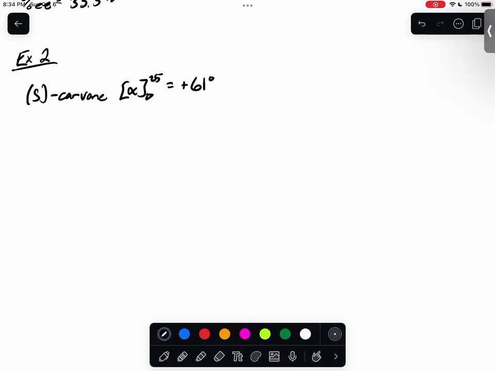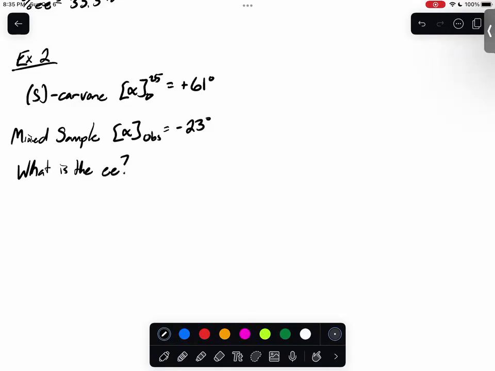We are given a mixed sample that has an observed rotation of negative 23 degrees. We could be asked, what is the enantiomeric excess? And then what is the percentage of R and S? Okay, so we have to figure out how to do this.